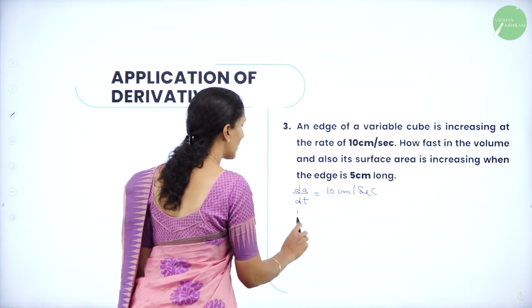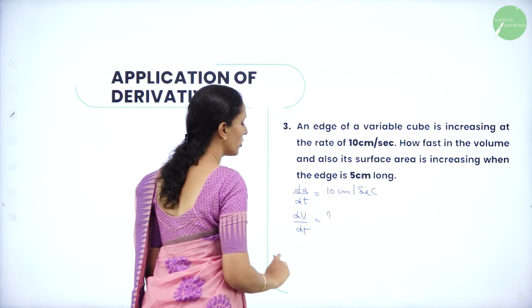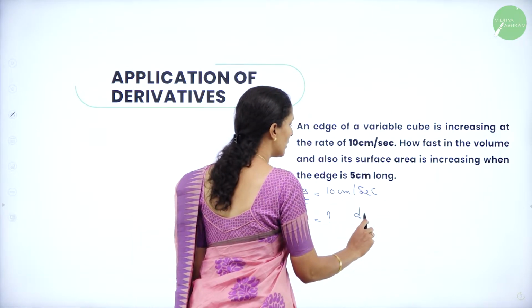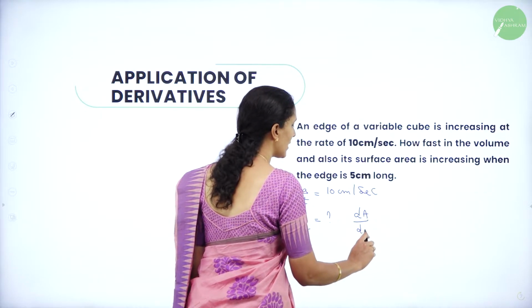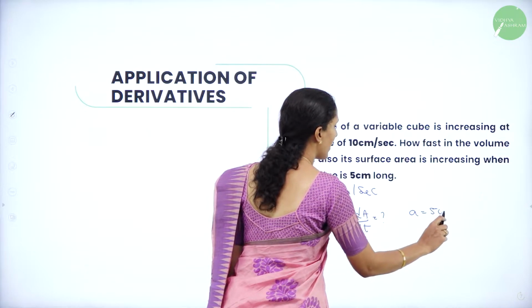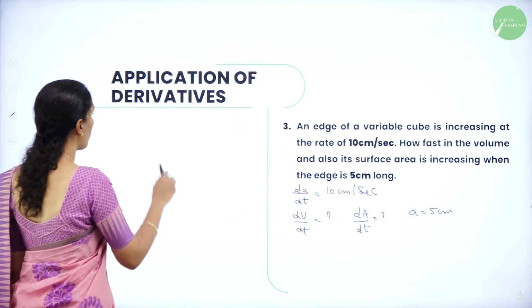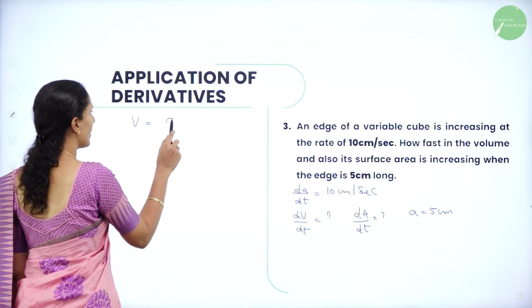Here we need to calculate the rate of change of volume of the cube and also the rate of change of its surface area whenever the side is 5 centimeter long. Let's see the volume. So, the volume of a cube is a cube.